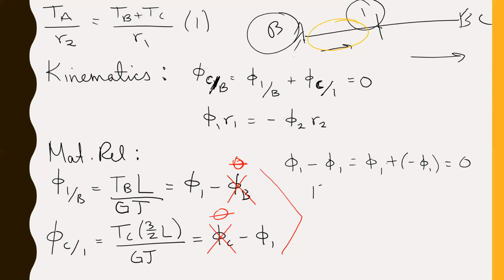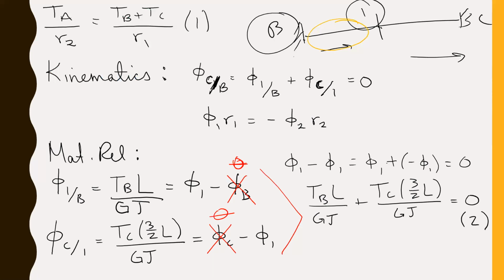So phi 1 is TB L over GJ plus negative phi 1 is TC times 3/2 L over GJ. That equals 0. So now we have an equation that relates TB and TC. We will call that equation 2. So at this point, we have these two variables, TA, presumably with some known value of torque. And now we have a second equation that relates those same two variables. So at this point, we should be able to solve for TB and TC.